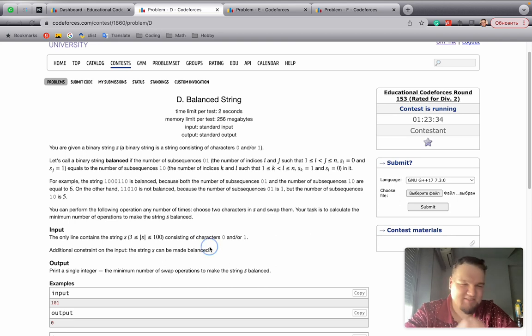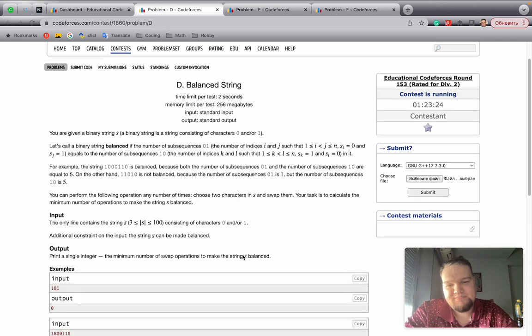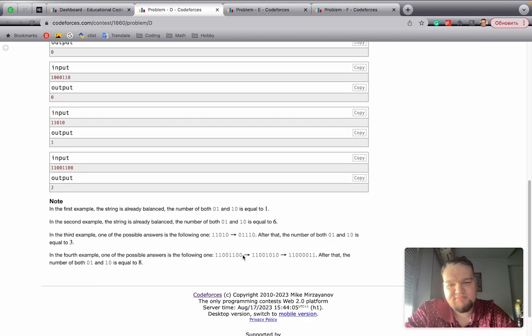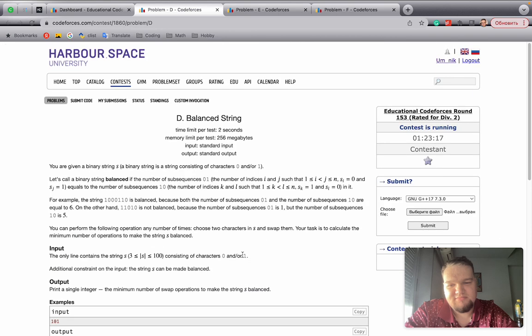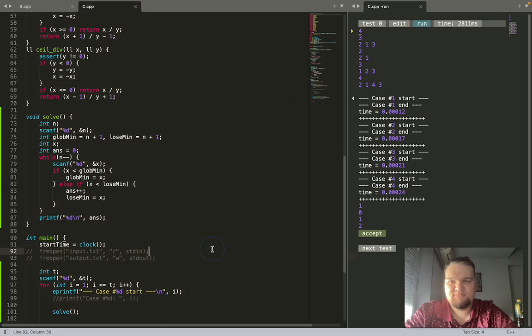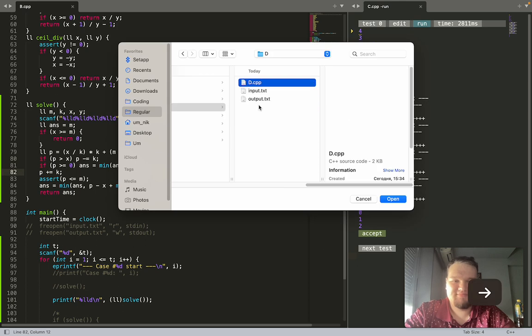But in any case, the number of transitions is constant, so it's n to the 4th with very small constant, smaller than 1. And that's it. Why is it not multitest? Unclear. So just a DP.